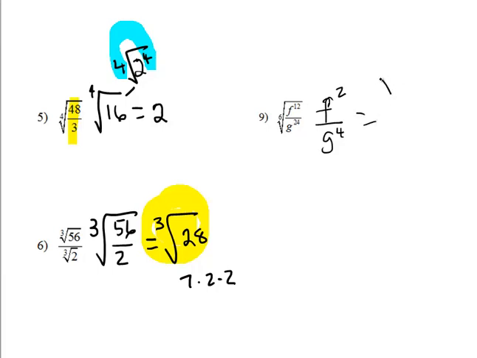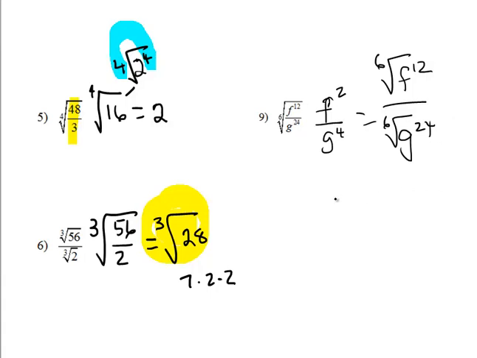The other way you could think about this is the 6th root of f to the 12th over the 6th root of g to the 24th. And again, you'd come back with 6 goes into. It sort of just depends on how you want to organize your head.